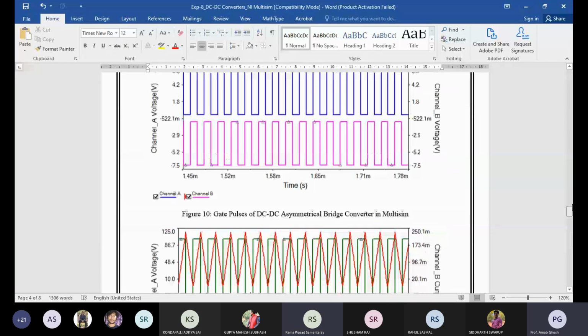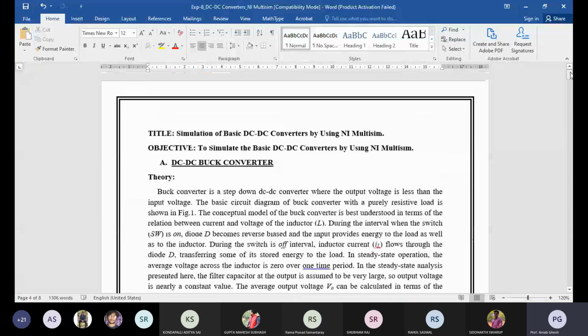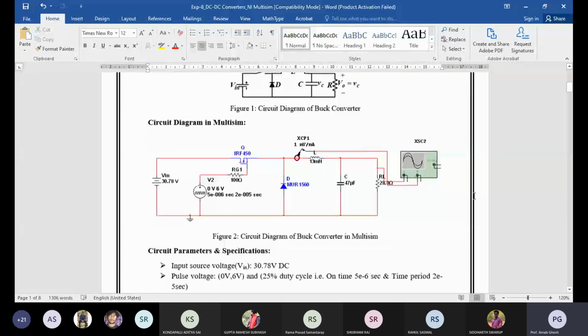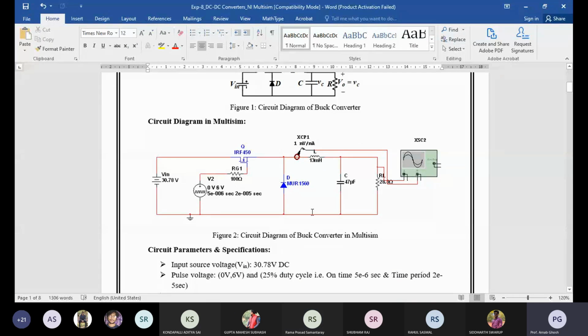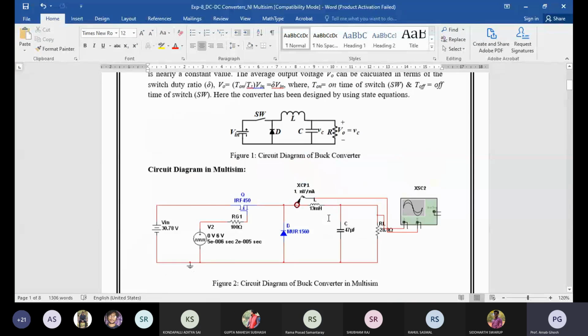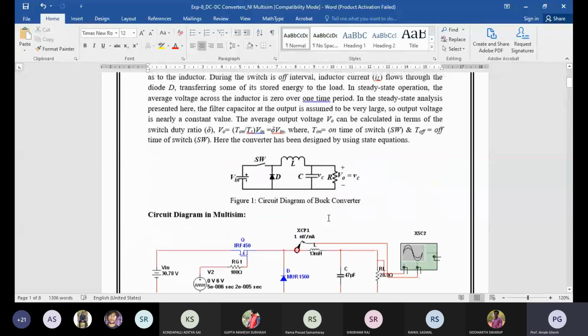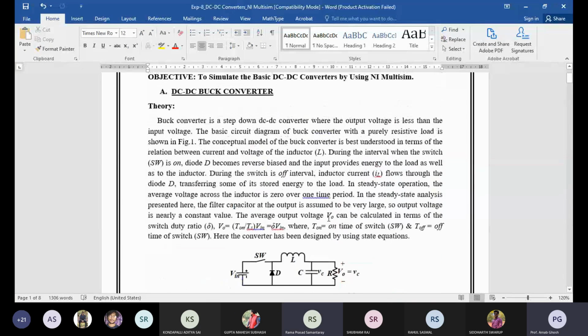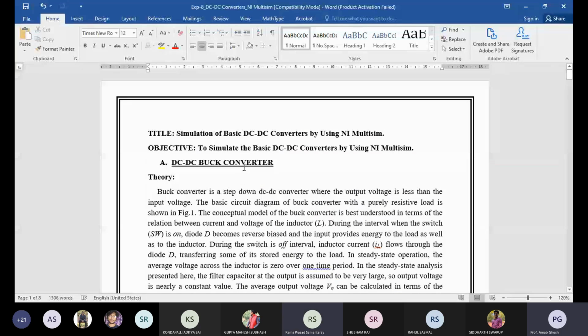Another thing: there are two types of DC-DC converters, isolated and non-isolated, available in the market in current conventions. Basically, here I have discussed only the non-isolated type. The isolated type I have not discussed yet.